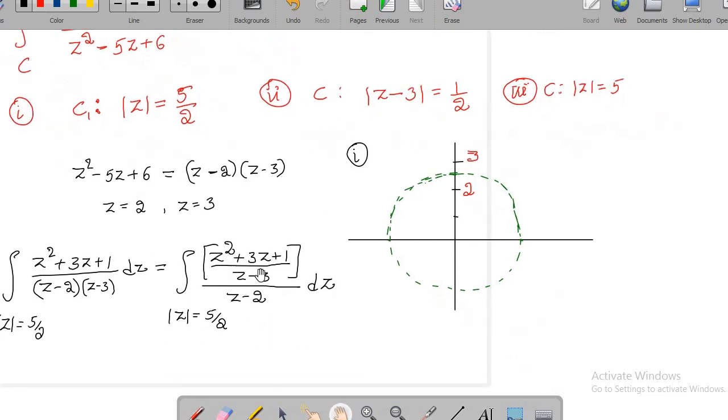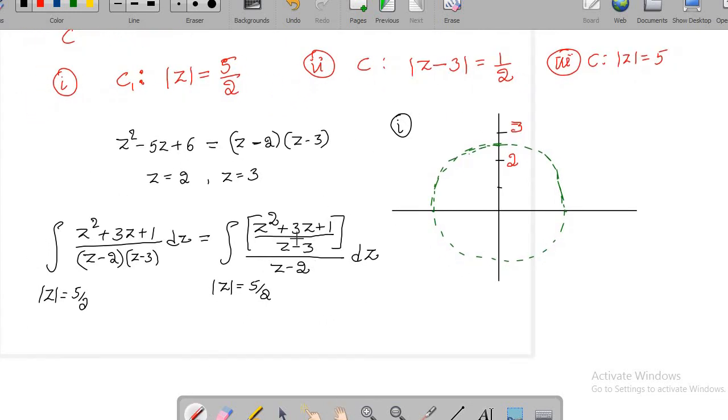Or if you feel it is difficult, first write 1 by z minus 2 and write the rest later on. Now the rest will become our f of z, so it is in the form f of z by z minus z naught. Since it is in this form, I'll compare with it. What is f of z here? f of z is nothing but z square plus 3z plus 1 by z minus 3.